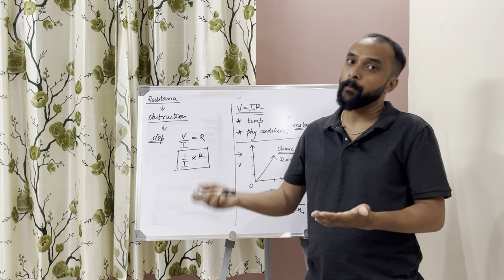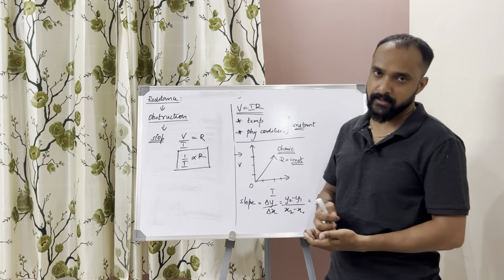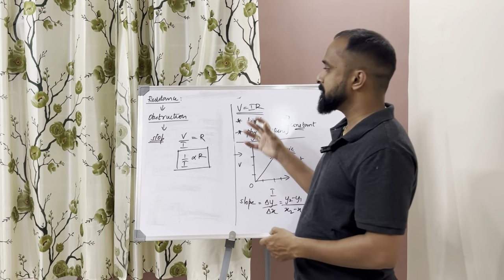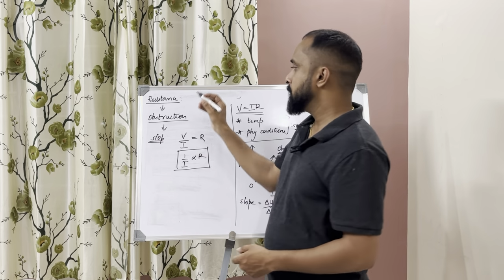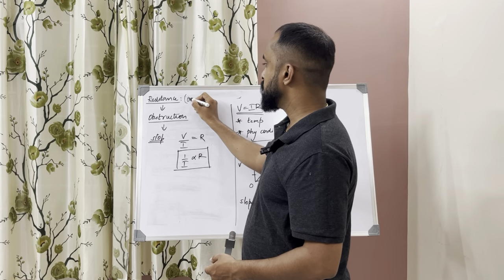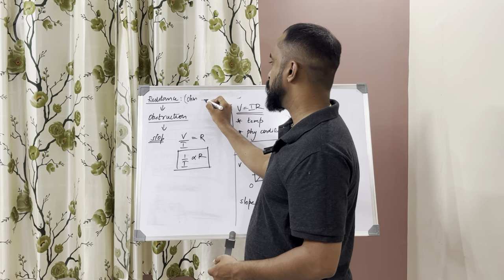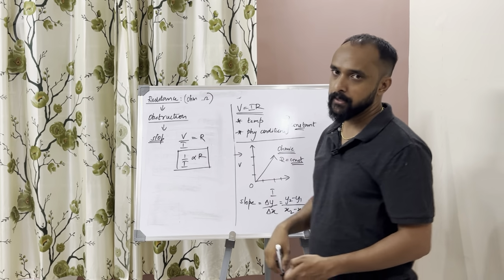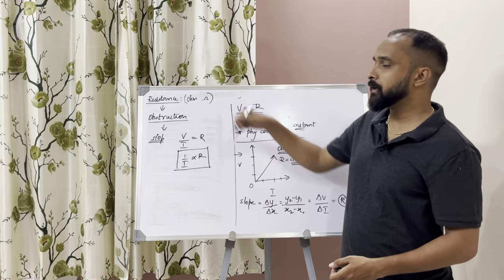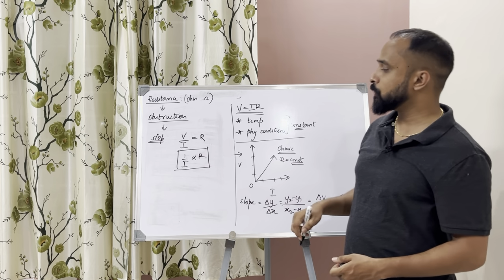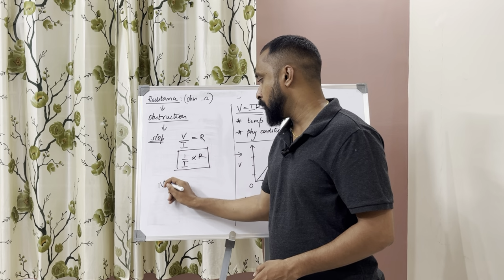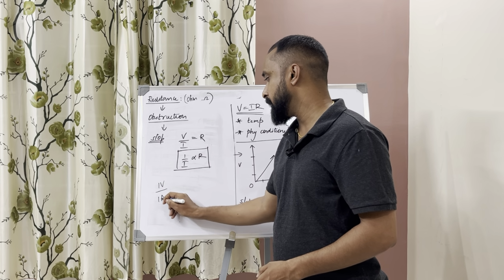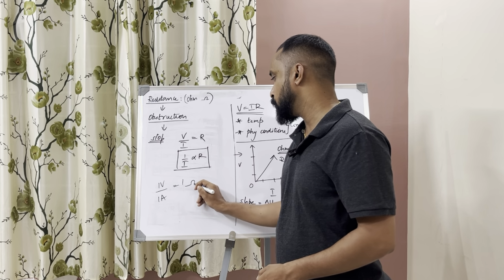Obviously resistance is stopping the current, that is why they both are inversely proportional, and since it is an extension of Ohm's law, the unit of resistance is ohm and omega is the symbol. So if you want to rewrite in terms of ohm, you can write it as 1 volt by 1 ampere is equal to 1 ohm.